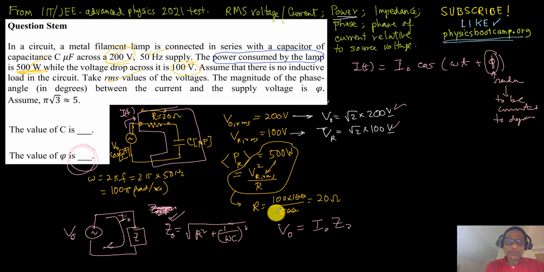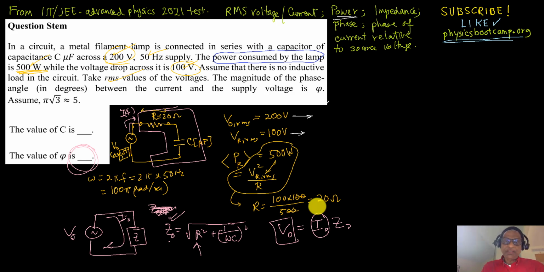So if I know how much current is going through, we can figure out Z, and then if we put Z here, we know R already, so this can be solved for C. That's my strategy, solving for C. Let me erase a little bit. I'm going to focus on getting I0 next.